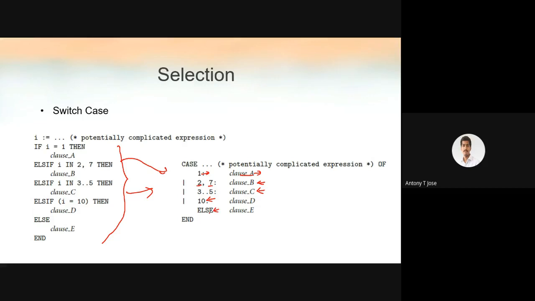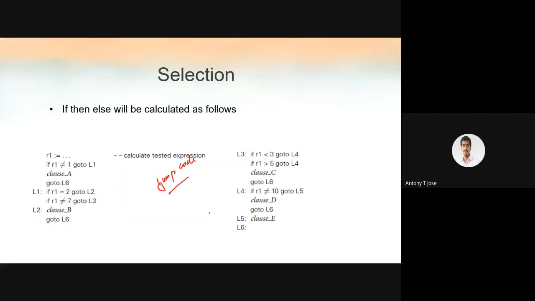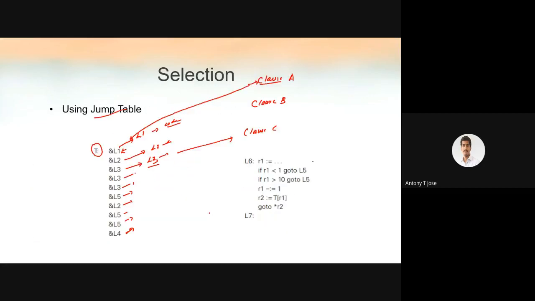Let me explain how this will get executed. First, I am writing R1. R1 is a register, and I am assigning the value to be checked to R1.